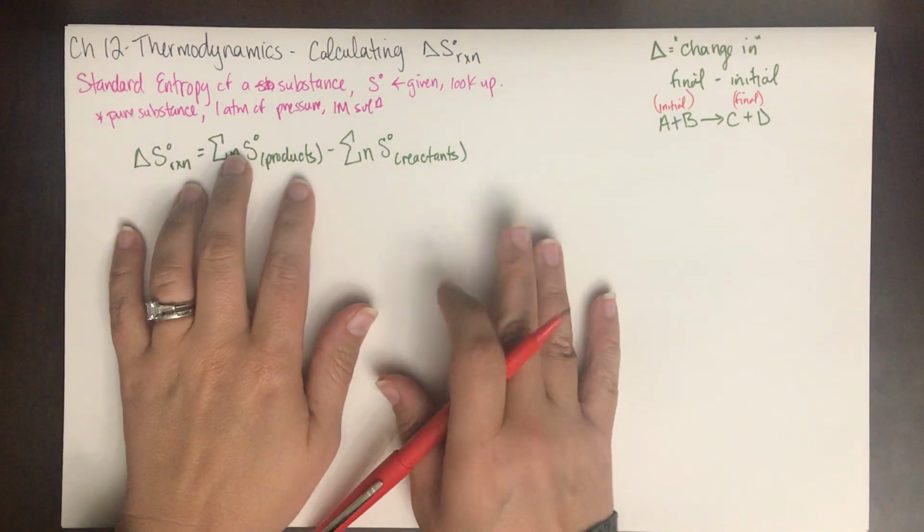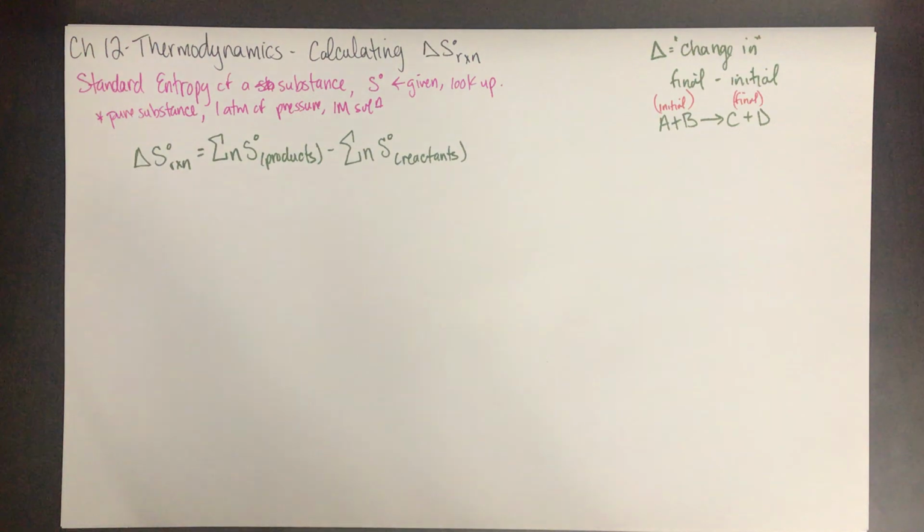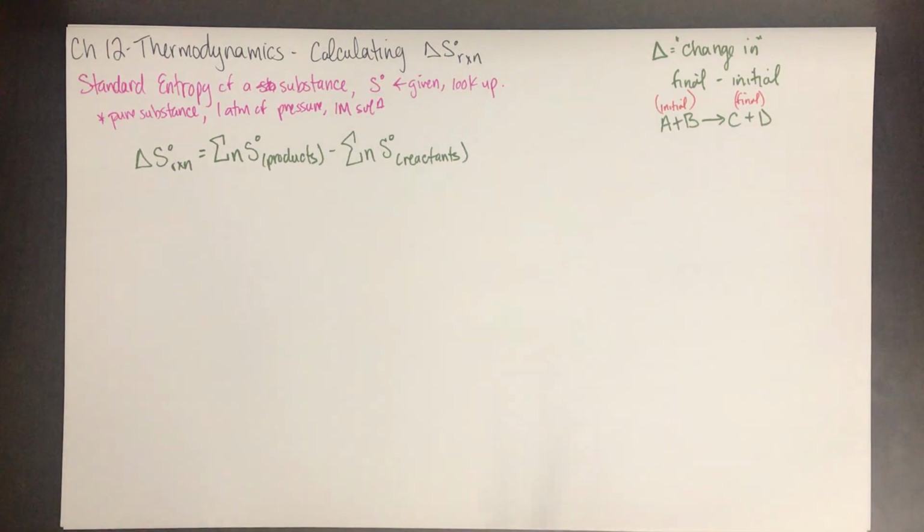So this is exactly the same reaction that you saw in chapter 9 for enthalpy, but instead of delta H and enthalpy, it's delta S and entropy. So let's talk about what entropy is and what the units for entropy are. So we said entropy was an amount of disorder.